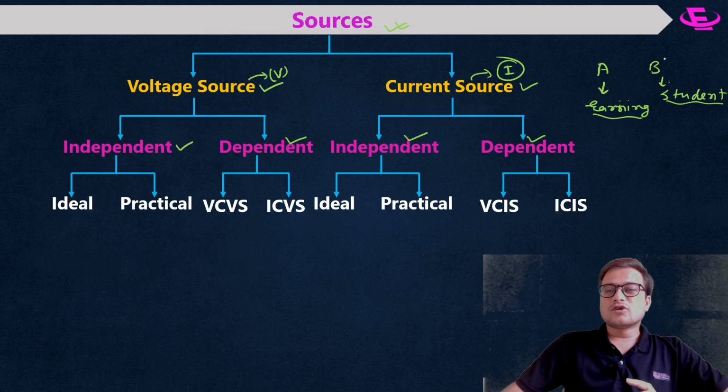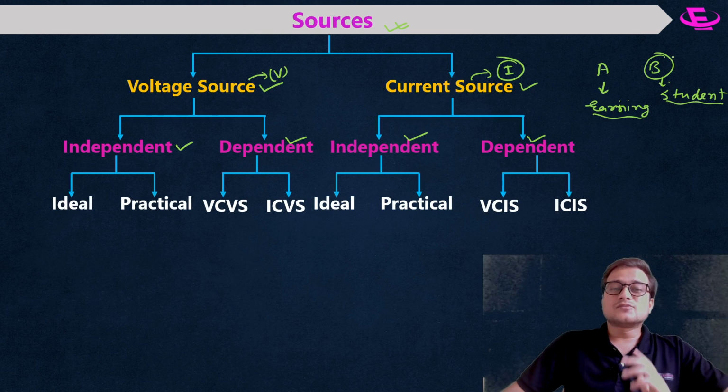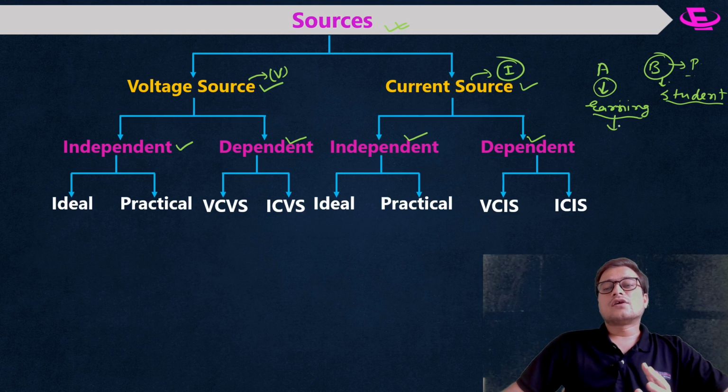So in terms of money, your brother is dependent on parents, but you are not dependent on parents right now, because you are earning. So you are the independent source and your brother is the dependent source.